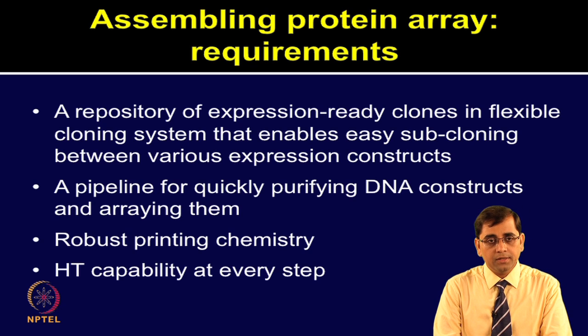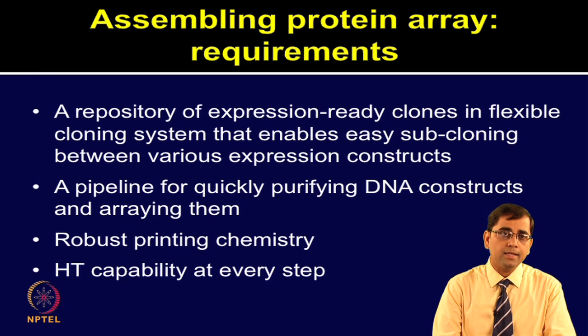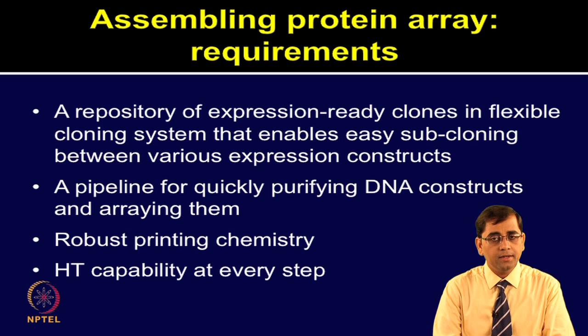One must thereafter establish a pipeline for very quick verification of DNA constructs and their printing on the chip surface. So, you need a robust printing chemistry, since you are aiming for high throughput experiments with thousands of features to be printed on these arrays. High throughput capability is thus required, as well as automation at every step.